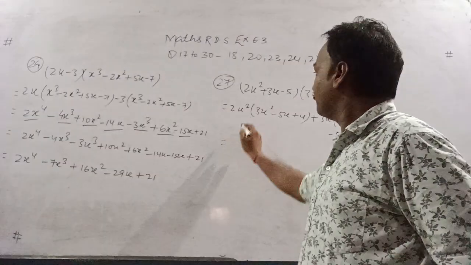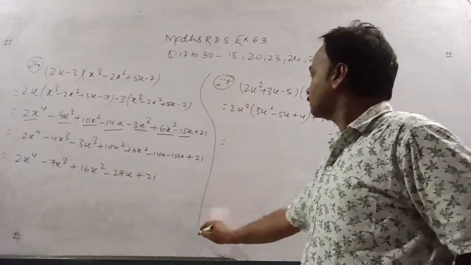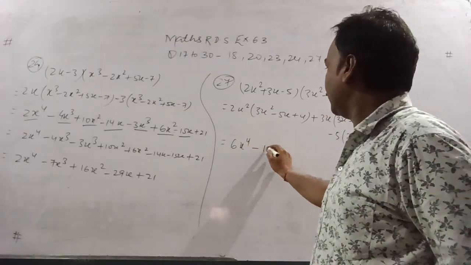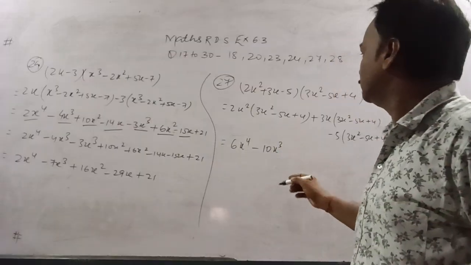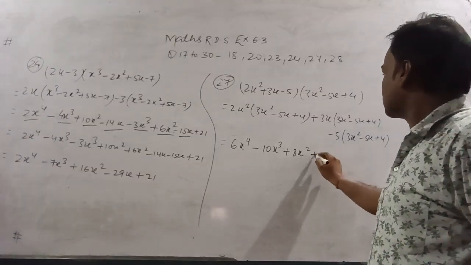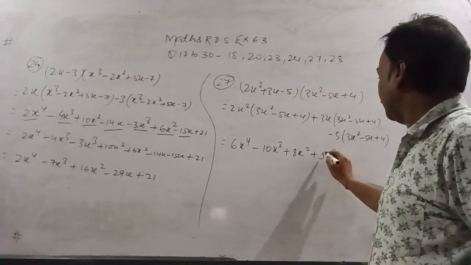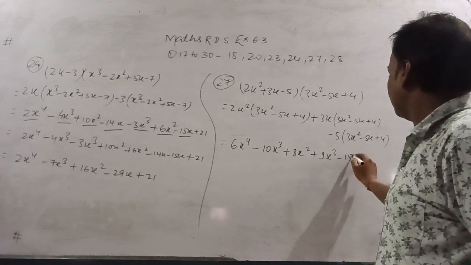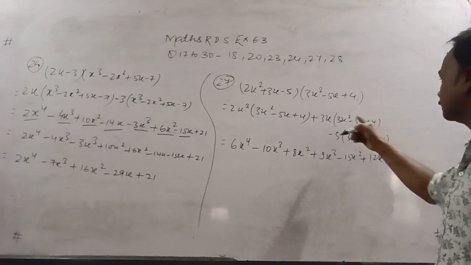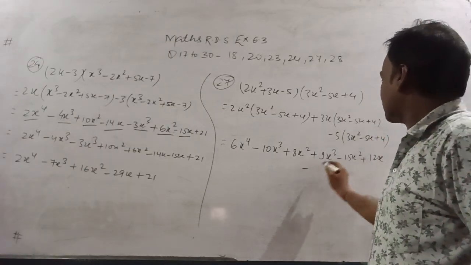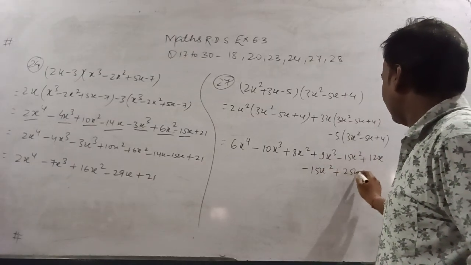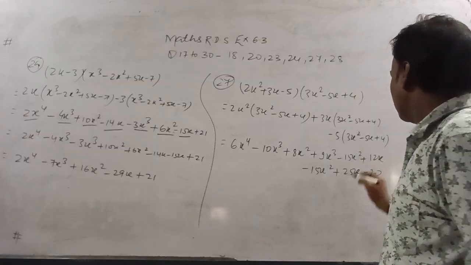This is equal to 3 times 2 is 6x to the power 4, minus 5 times 2 is 10x cube, plus 4 times 2 is 8x square, plus 3 times 3 is 9x cube, minus 5 times 3 is 15x square, plus 4 times 3 is 12x, minus 5 times 5 is 15x square... plus 5 times 5 is 25x and minus 5 times 4 is 20.